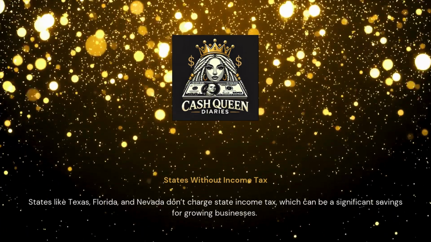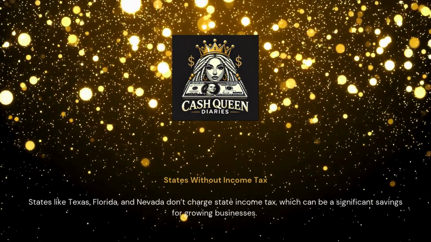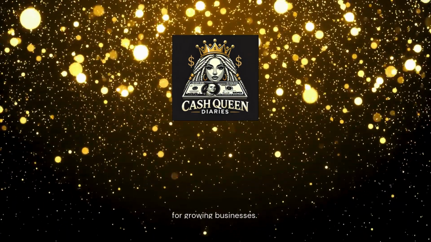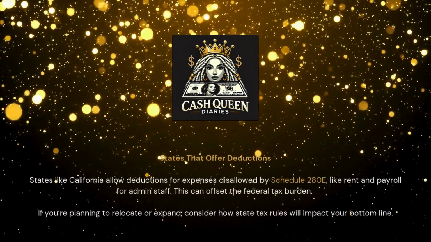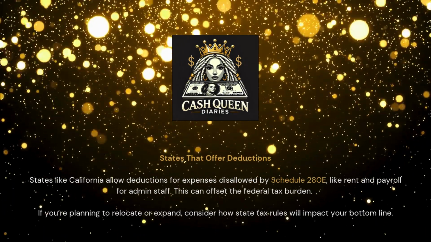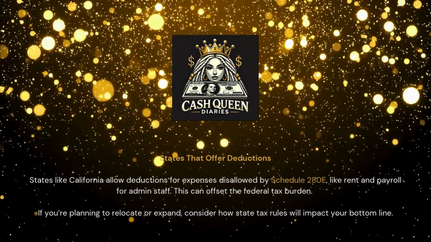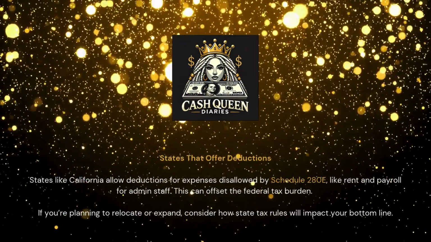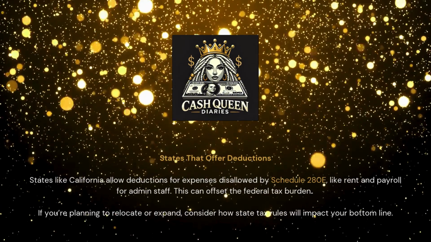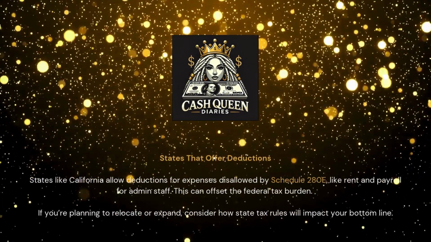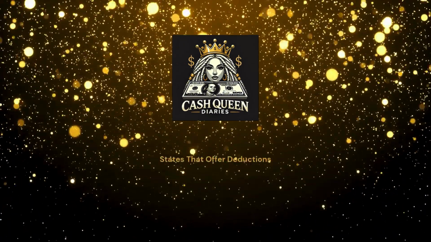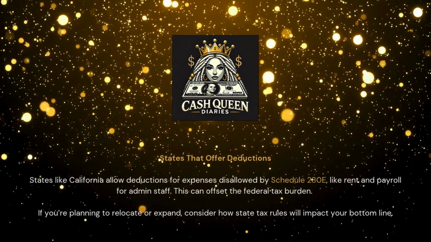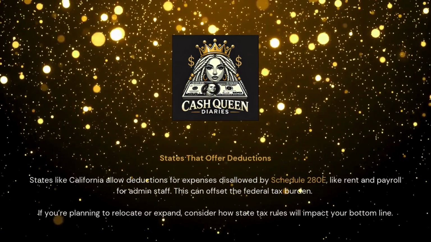States like Texas, Florida, and Nevada don't charge state income tax, which can be a significant savings for growing businesses. States that offer deductions. States like California allow deductions for expenses disallowed by 280E, like rent and payroll for admin staff. This can offset the federal tax burden. If you're planning to relocate or expand, consider how state tax rules will impact your bottom line.